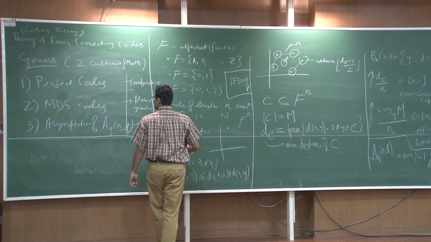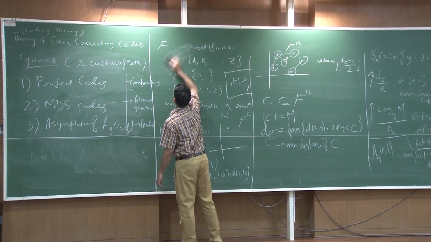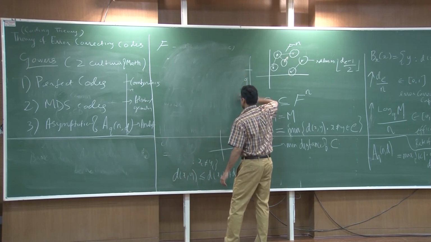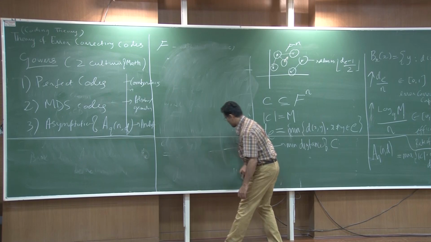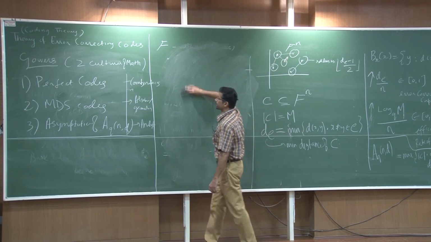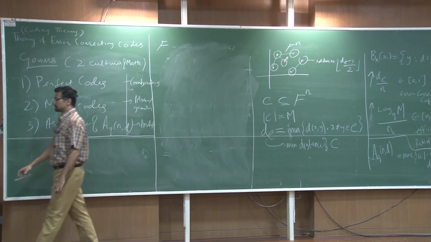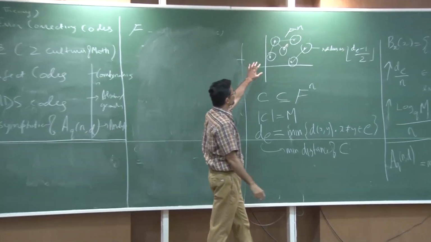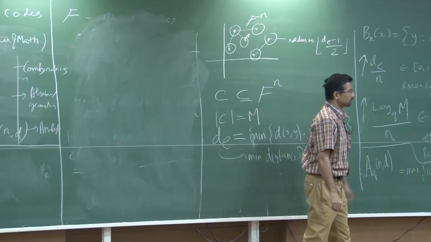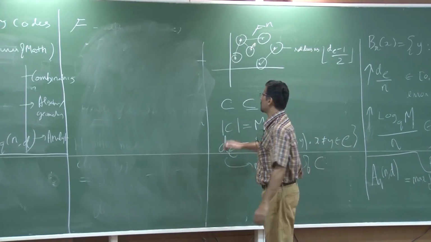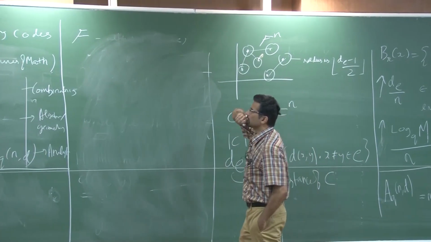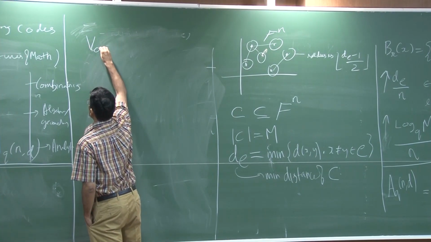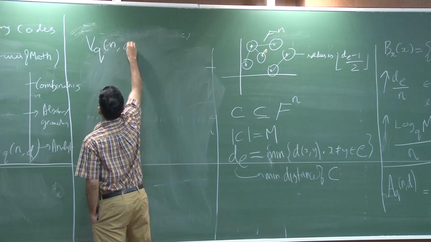So let me come back to this. We talked about these balls. What's the size of this ball? Can somebody tell me? Okay, whatever the size is, let me just write that.